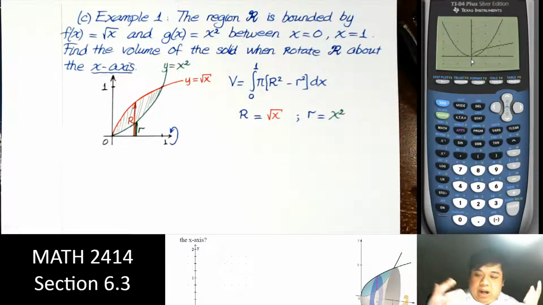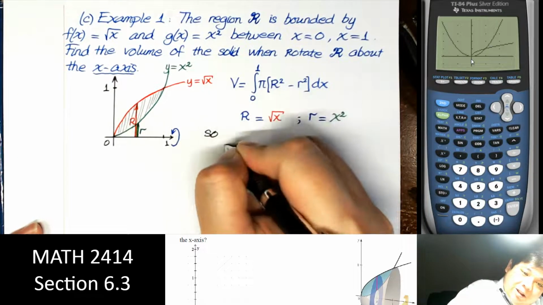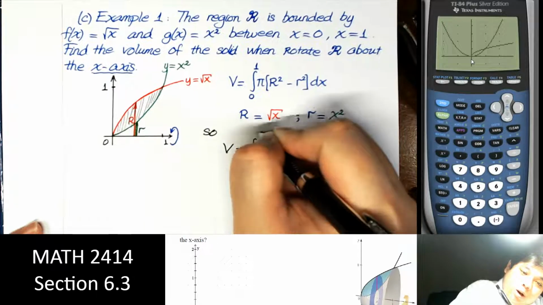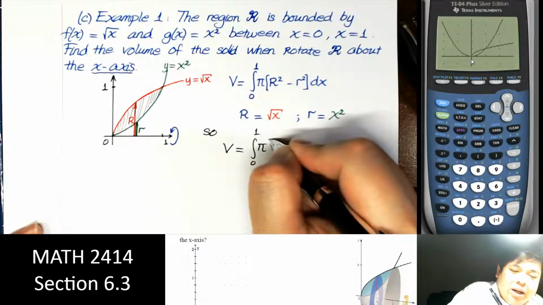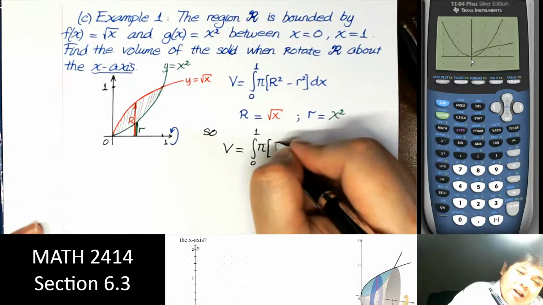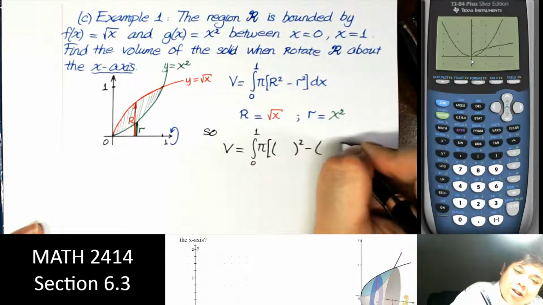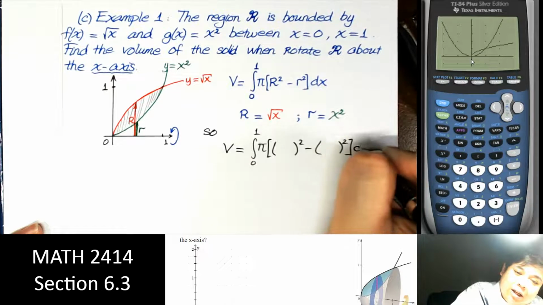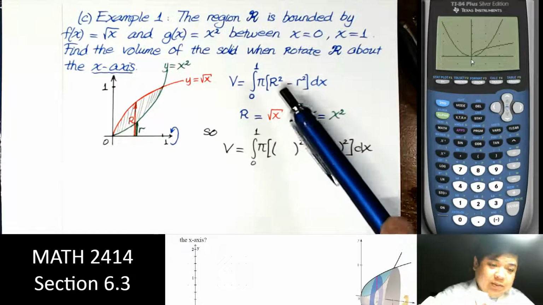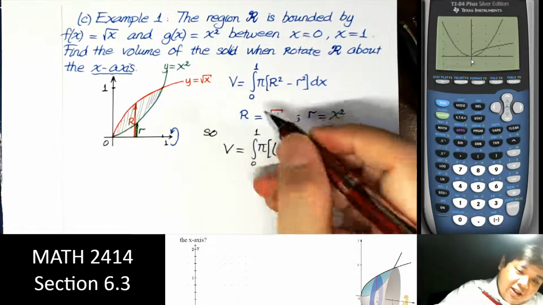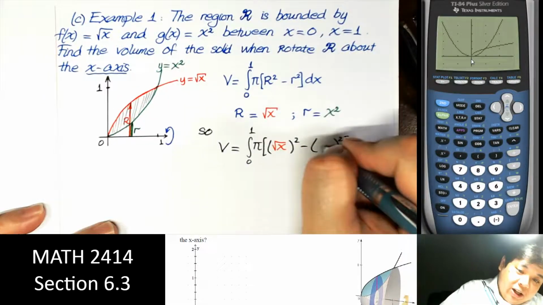Right, so put everything in the integral. From 0 to 1, pi, the pi can be inside or outside, something squared minus something squared dx. The big radius is square root of x. Small radius, x squared.